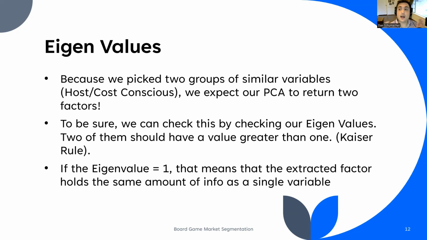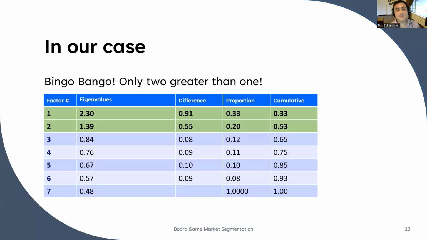And this is because we have two factors, hopefully: the cost-conscious variables we plugged in and the host variables that we plugged in. Let's see how we did. Excellent. So as you can see, only the first two factors have an eigenvalue greater than 1.